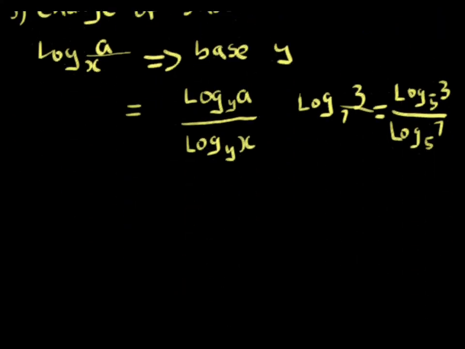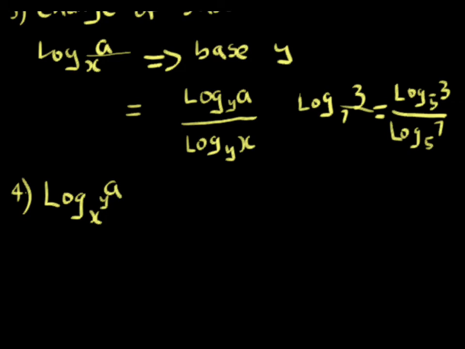Now the next one, let me write number 4 right there. We could be given log a base x raised to power y. How do we evaluate this whole piece?